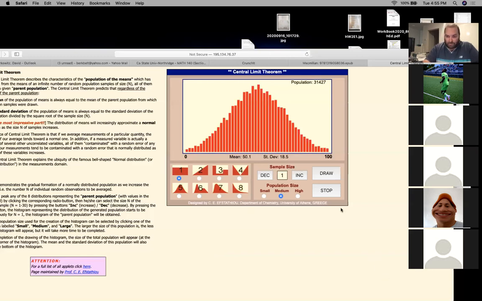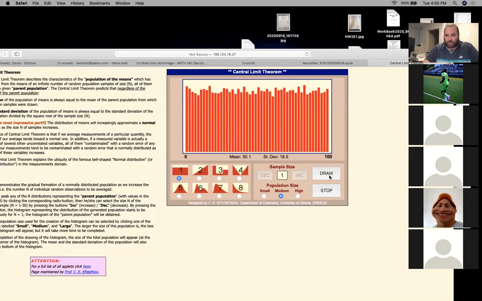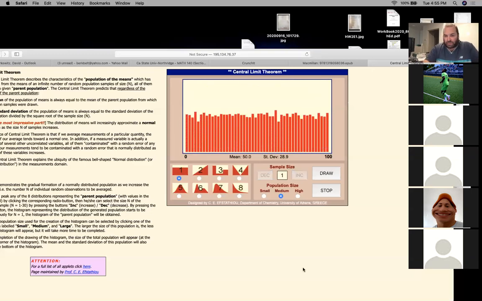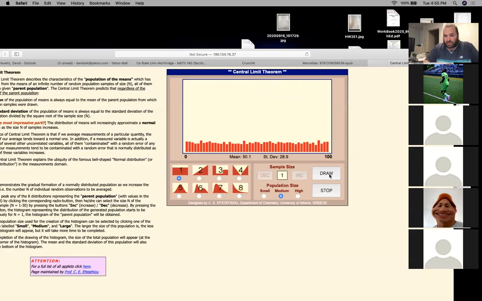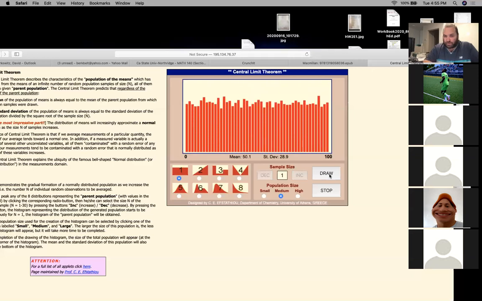It should be approximately the same height. You're never going to get a perfect uniform, with 30,104 observations, because this is a real life simulation. If I did it again, it'll look like this. If I do it again, it'll look like this. It's all pretty much the same, correct?